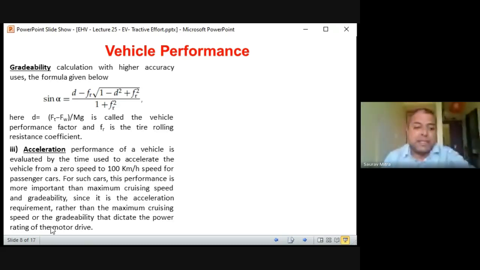I will repeat: how much power the electric motor requires and how much maximum energy the battery can supply, these two are very important parameters. Hence acceleration directly tells us how much power is required by the motor at any maximum cruising speed. That's why acceleration characteristic is very important in vehicle performance.